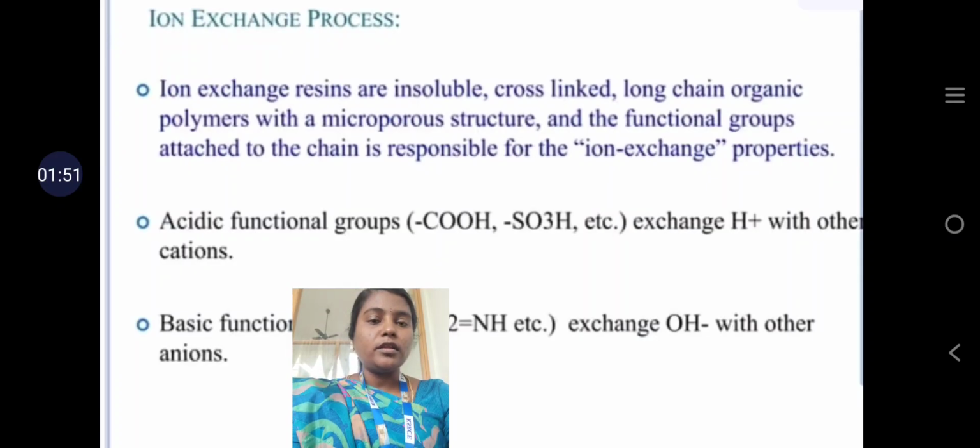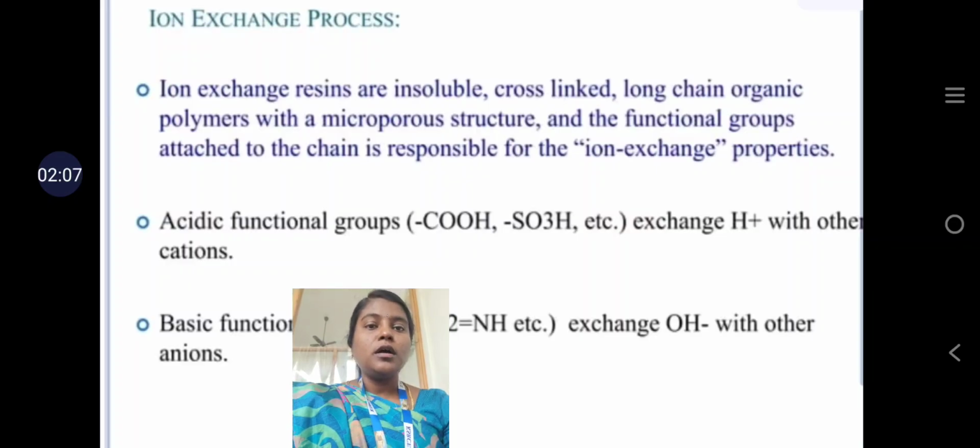These cationic and anionic exchangers contain nothing but resins which have the respective functional groups to remove the cations and anions present in the boiler feed water. The anionic and cationic functional groups involved in this process are given in the slide.